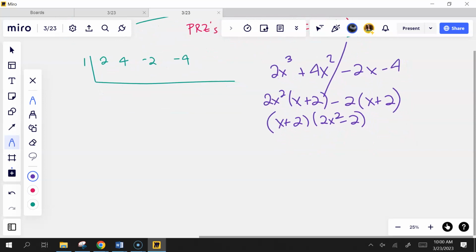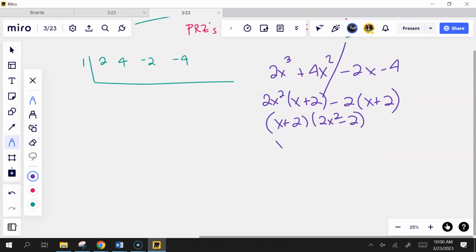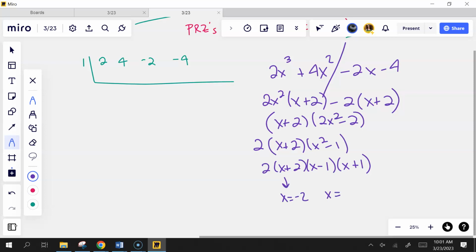Now I can take out a 2 out of these. So what if we do PRZ? No, you'll come back to the same thing. It's just more work. Now it's completely factored, and now I can do x equals -2, x equals 1, and x equals -1.